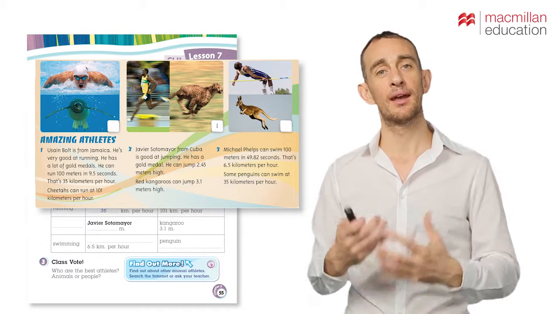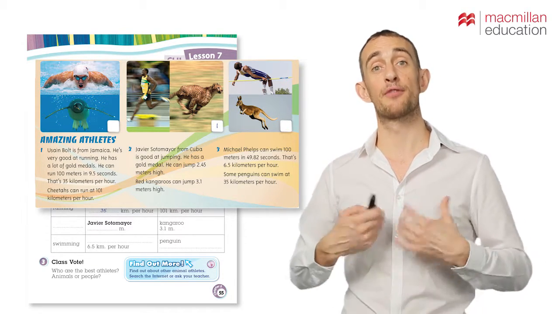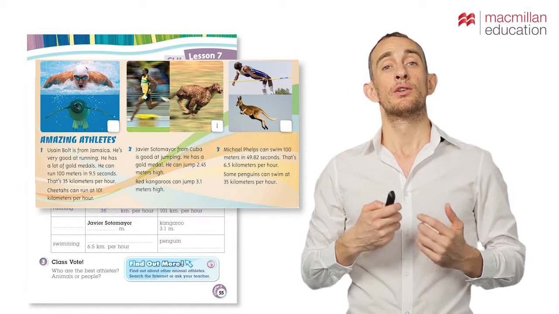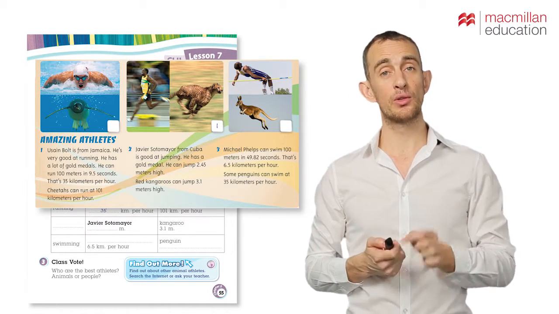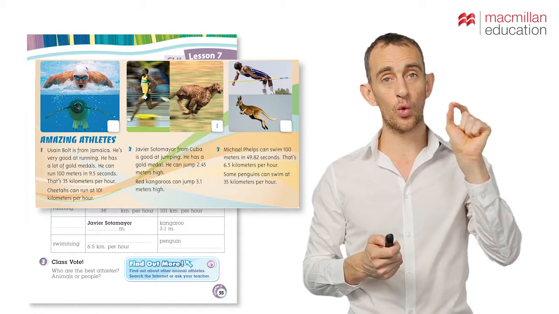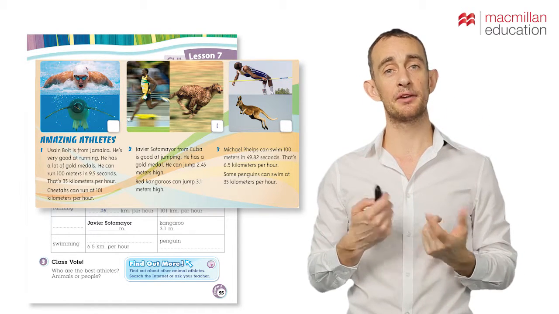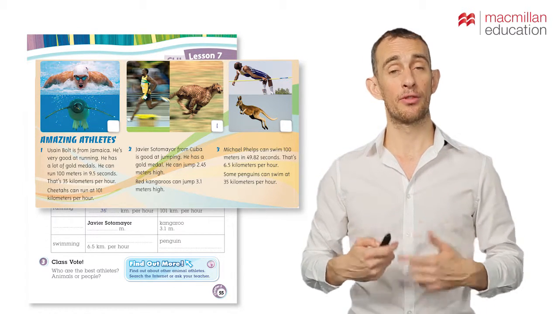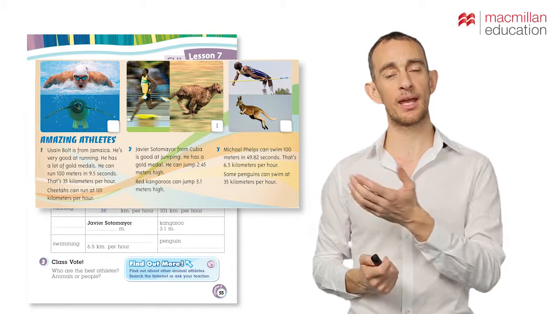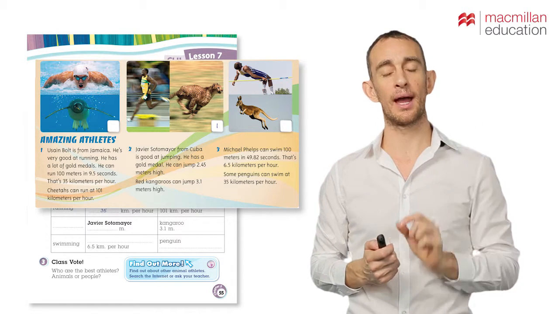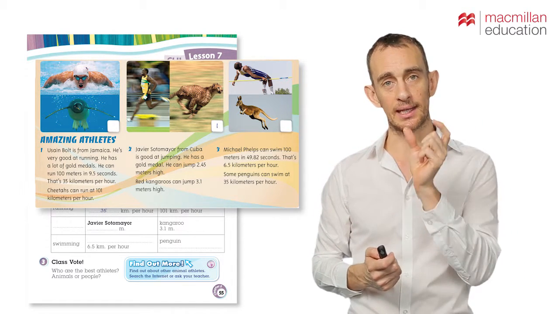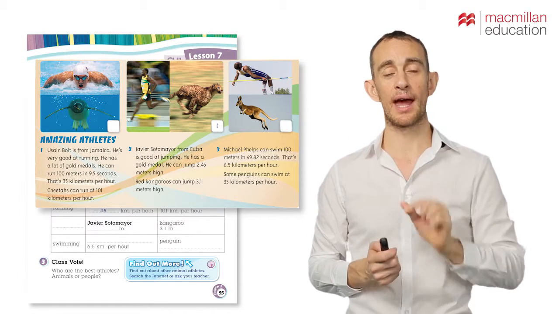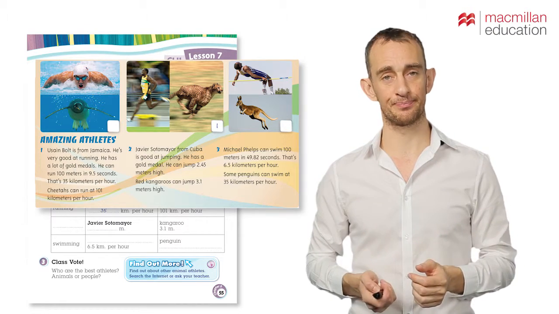So we're learning language through the text, or through the learning. For example, we could get the students to underline or circle the key grammar as a way of noticing that language in the text. Here again, they could go through and underline the key grammar. For example, he is good at jumping, he is good at swimming, etc.